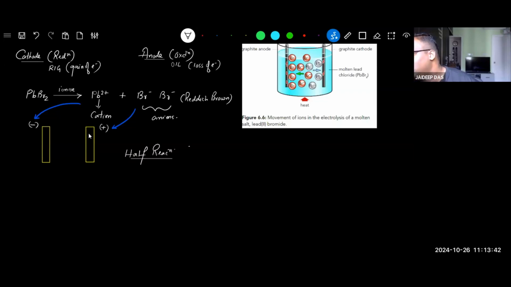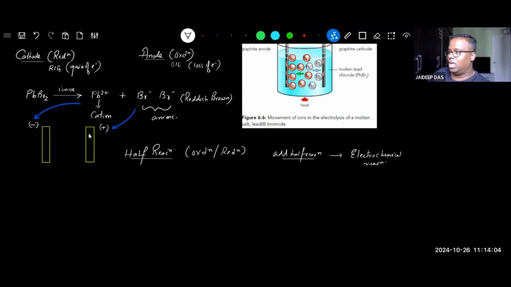Half reactions show you oxidation and reduction, and if you add the half reactions, you get the complete electrochemical reaction. So let's see the half reactions now.